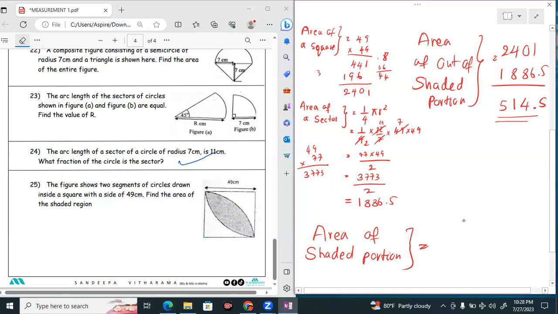Now what you have to do is subtract from the area of the square two of these parts.